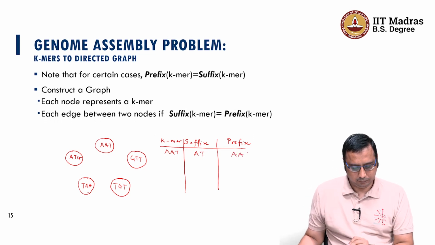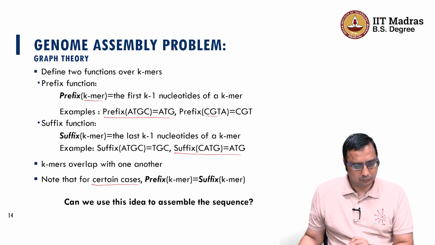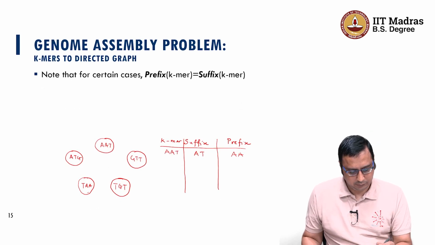Recall: the prefix is the first k-1 nucleotides of the k-mer, and the suffix is the last k-1 nucleotides of the k-mer. Correct? So we do that.